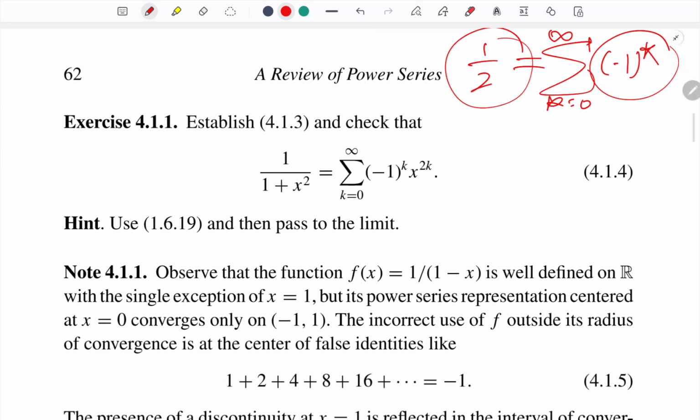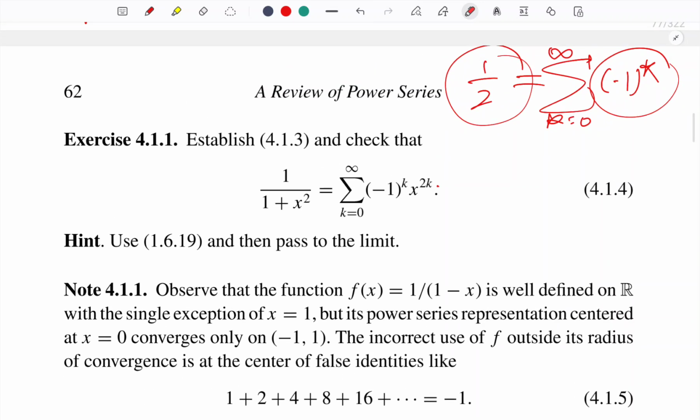Again, when you look at this, it's something of that sort. When you have this series from k equals 0 to infinity of -1 to the k, x to the 2k, just look at this. You can replace this thing by this thing. Wow.